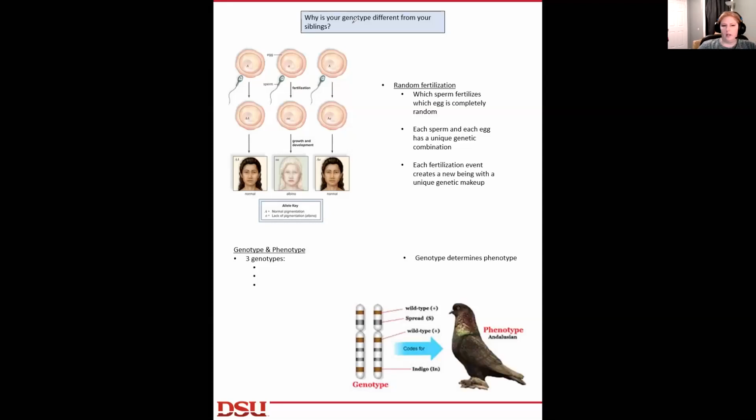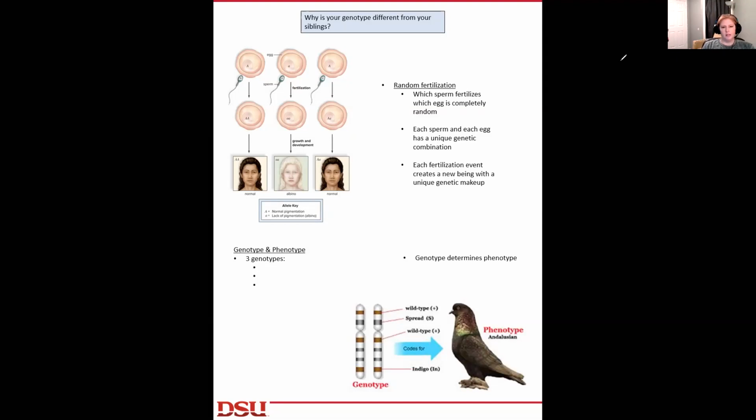So let's talk then, in addition to independent assortment, about random fertilization. Did I talk about this with you guys? I did. I already talked about this a little bit: each male and each female can create 8 million different unique genotypes, or genetic mixes, in their gametes, and you put those two together and you get 64 trillion potential unique offspring between a male and a female.